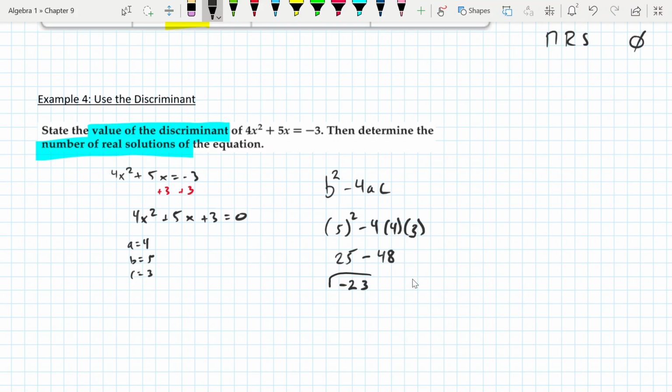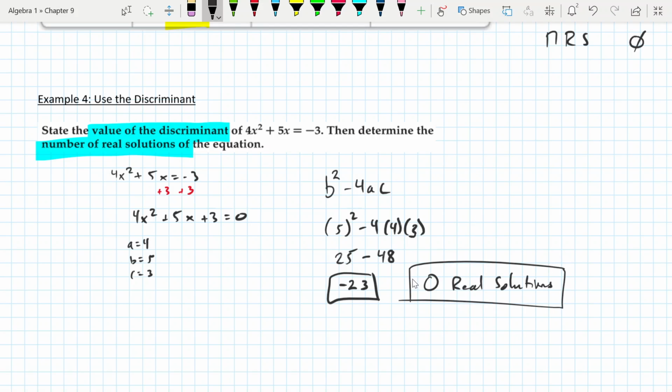So here I would box this. My discriminant is negative 23. That tells me there are 0 real solutions. I don't know what they are. I just know that they're not real numbers.